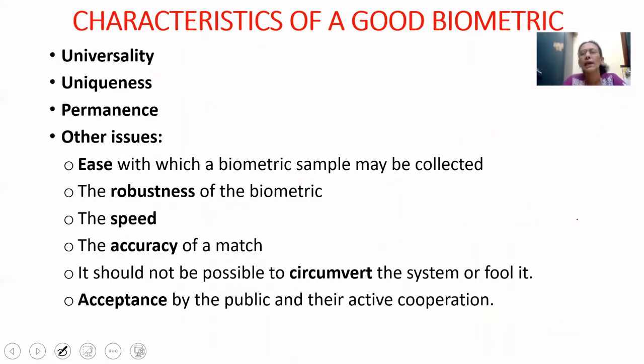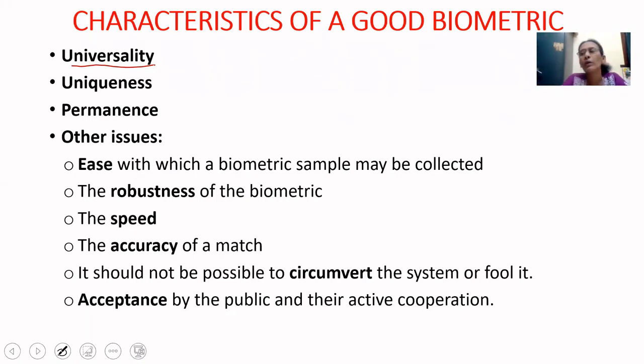Next, we see the characteristics of a good biometric. The first one is universality. What do we mean by this? We should be able to take the same biometric sample from different people, so the process should be the same.